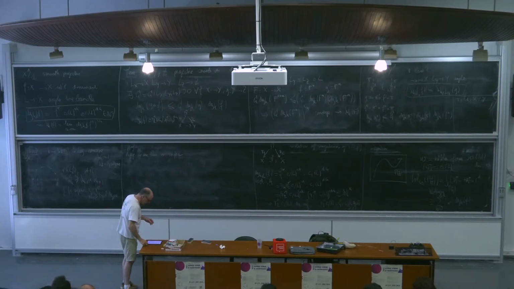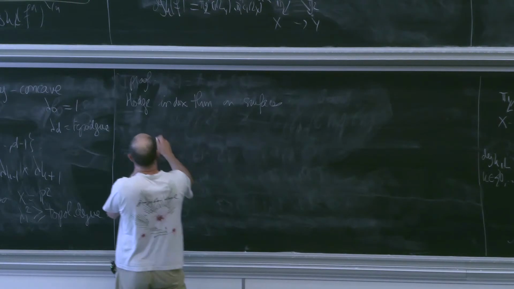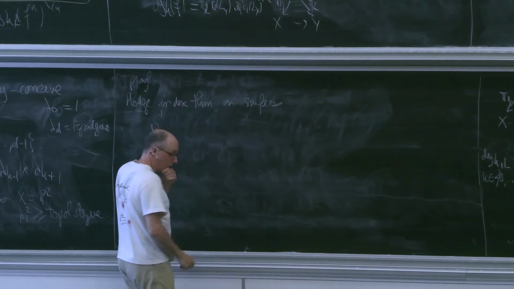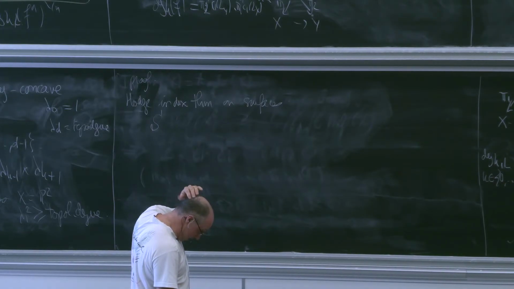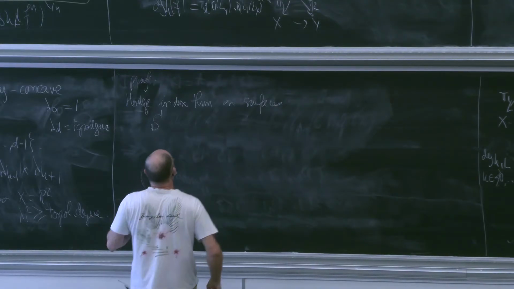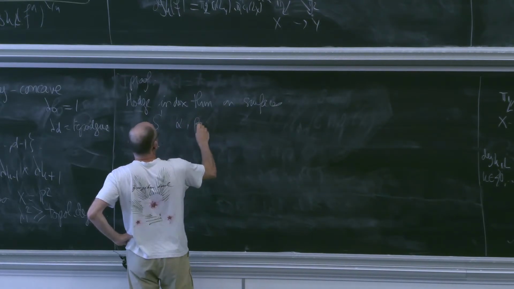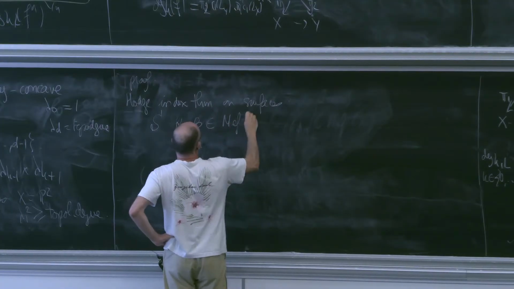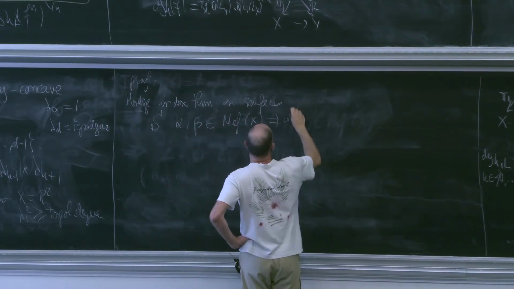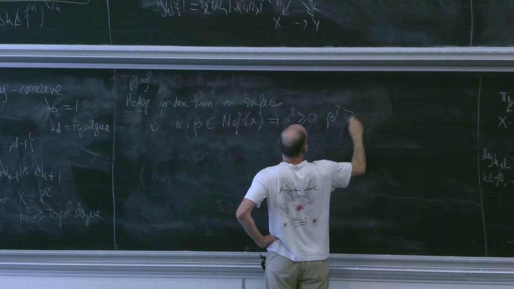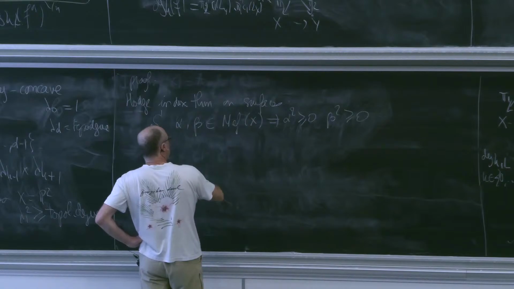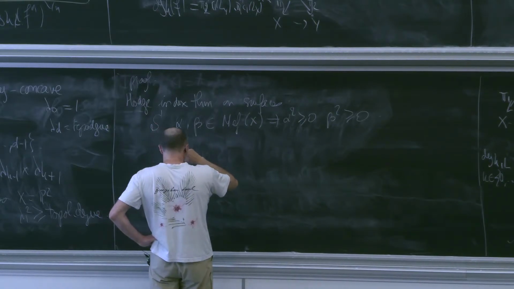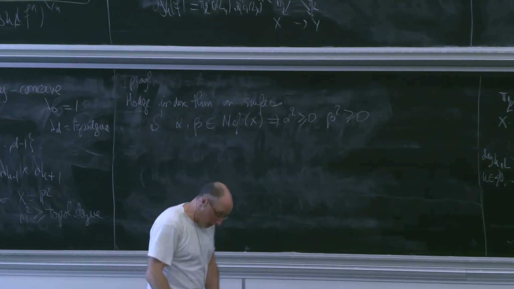So what does it say? It says that on surfaces, if you have two classes, alpha and beta, let's suppose they are nef, this implies that the intersection is non-negative. And suppose that alpha and beta are not proportional.